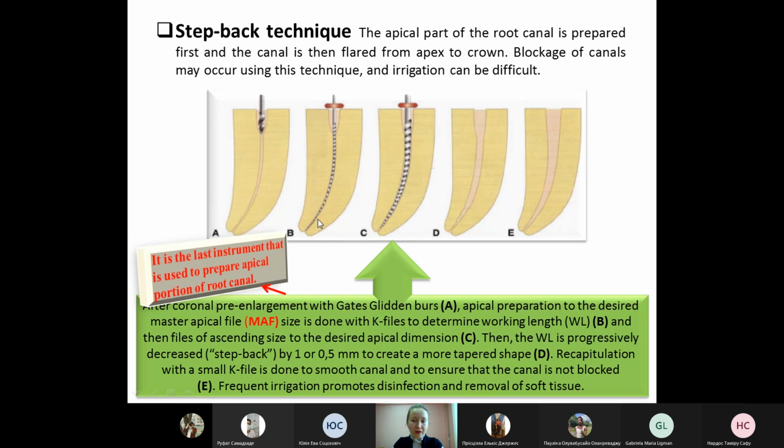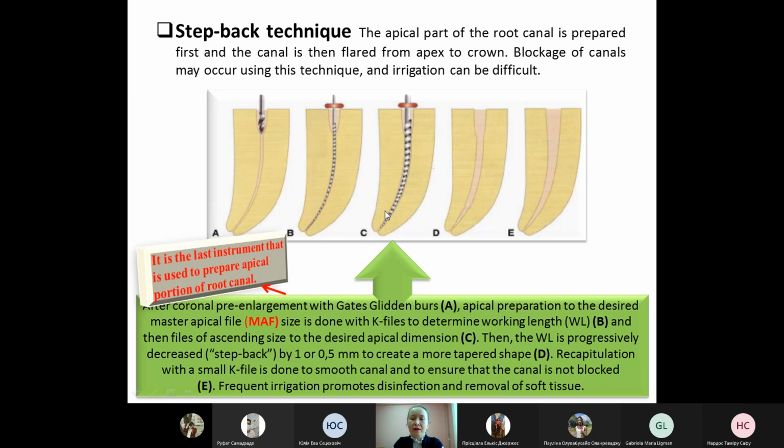Actually, the master apical file is that instrument that is used to prepare the apical portion of the root canal, and it is the last instrument to prepare it, and it won't be enlarged anymore. So it is the master apical file.